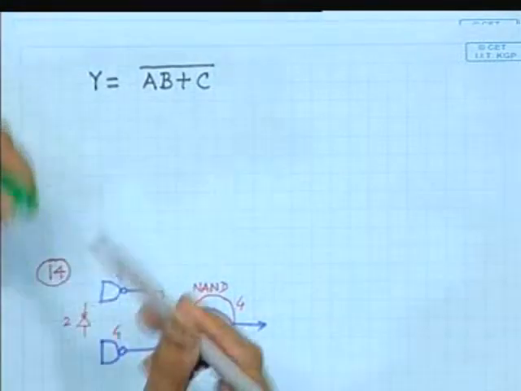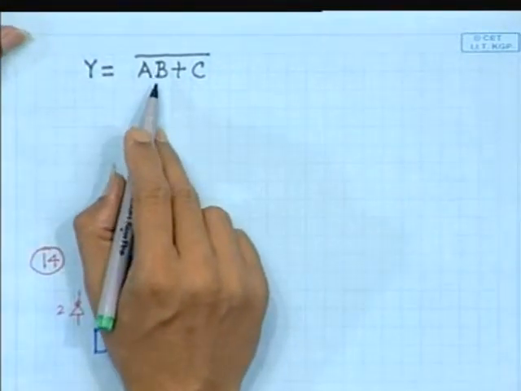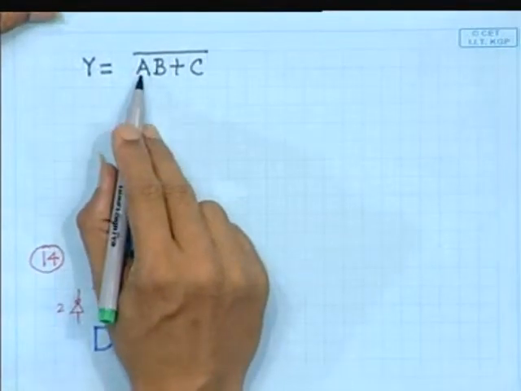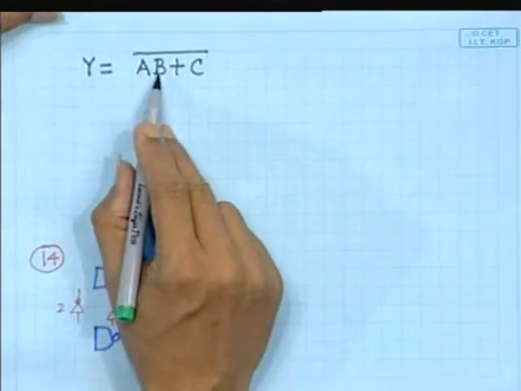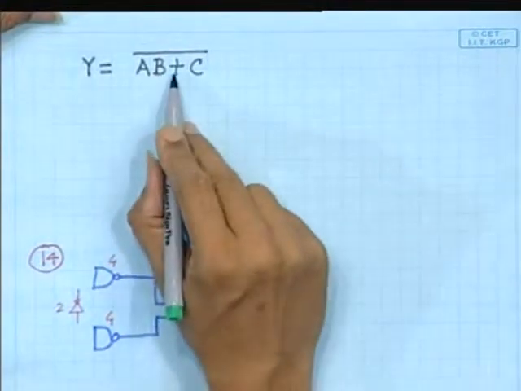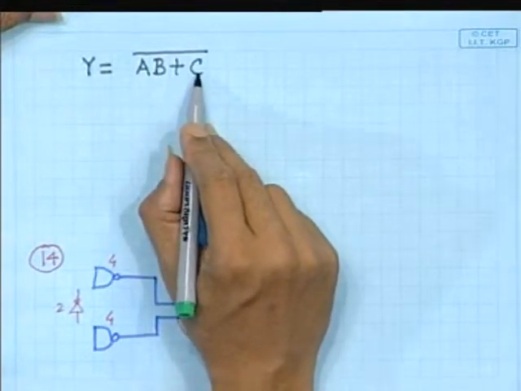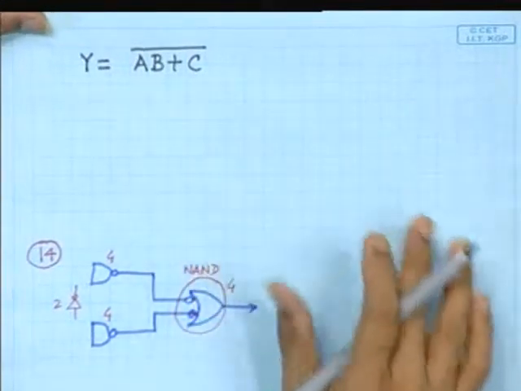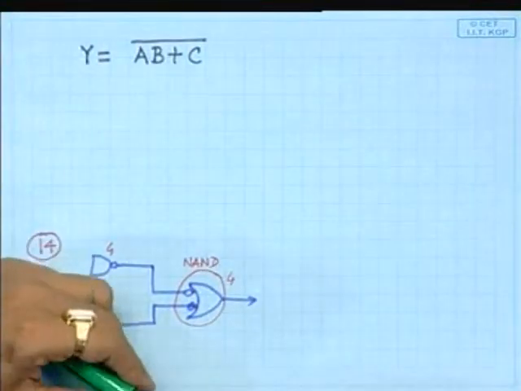Let us try a simple implementation without looking for any optimization. That will be how much? For AB we require an AND gate, and then a NOR gate. 6 plus 4, 10.